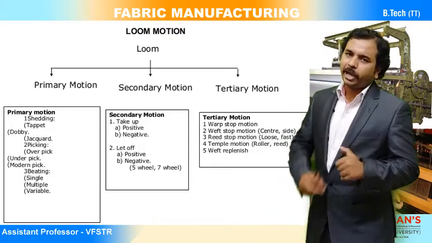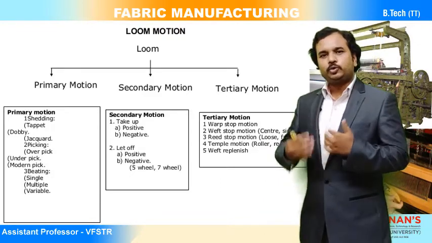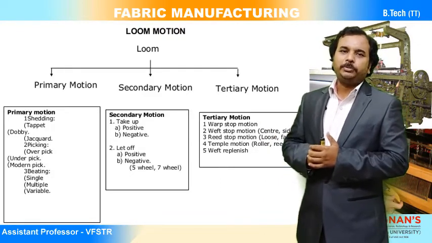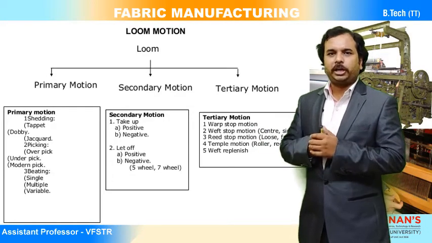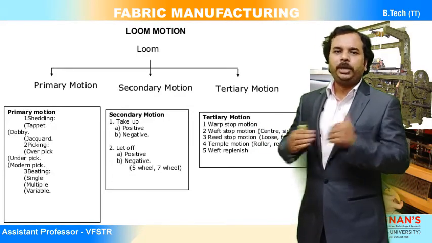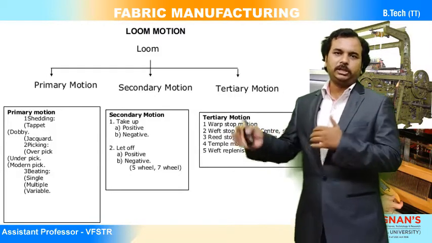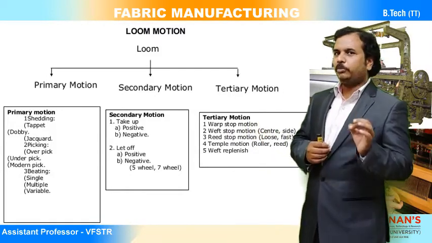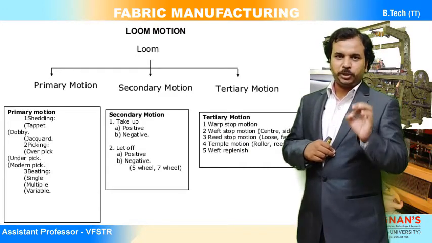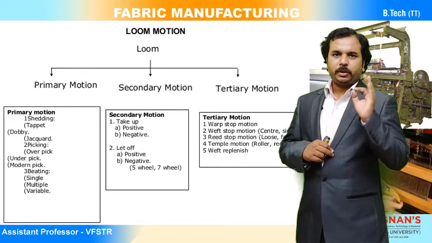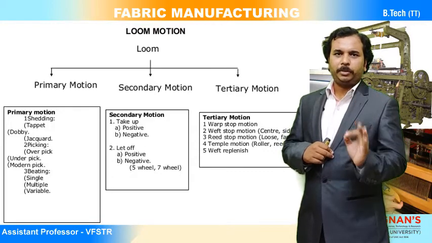In shedding and picking there are many types of mechanisms, which we will discuss in further sessions. So primary motions are classified into three: shedding, picking and beat up.